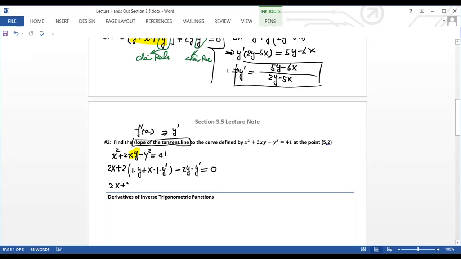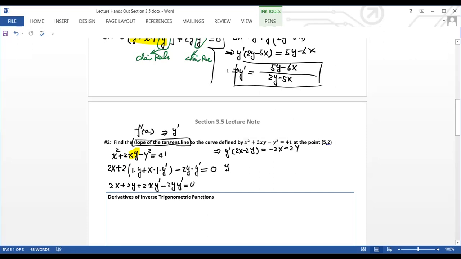So it's 2x plus 2y plus 2xy prime minus 2yy prime equal to 0. Combine. Okay, so take the y prime out. So you will have a 2x minus 2y, and move the 2x, 2y to the right-hand side. So it's minus 2x minus 2y. Am I right? Okay, good.